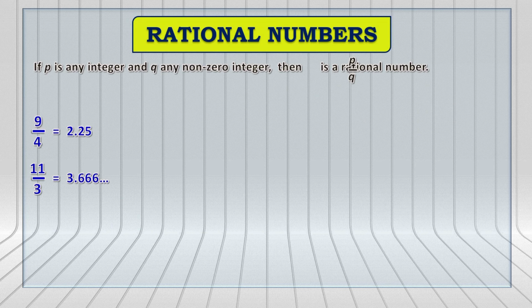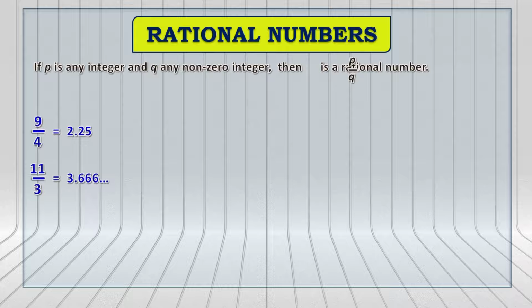Now if p is any integer and q any non-zero integer, then p by q is a rational number, that we know. So 9 by 4, if we make it in decimal form, we get 2.25, which is also a rational number. 11 by 3 is equal to 3.666, which keeps on going and never ends. That is also a rational number.